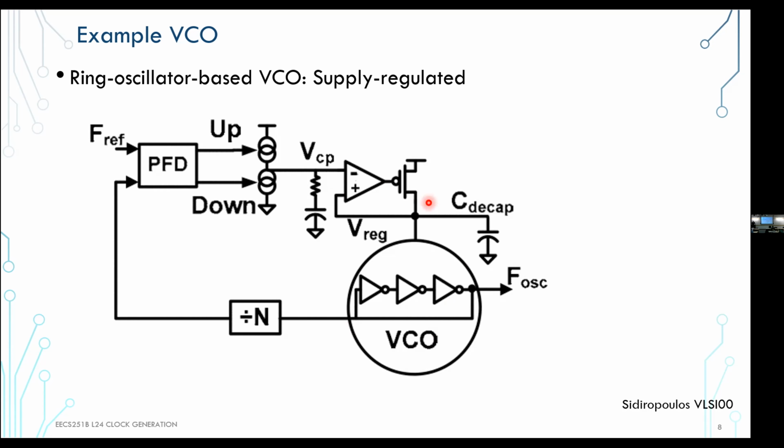So this is one popular way of building something that is a bit more robust to supply noise in these digital systems, and potentially not having to have a very, very clean supply on the VCO.